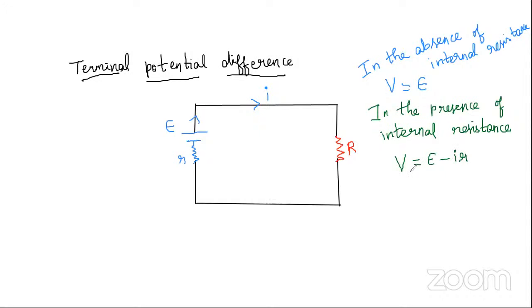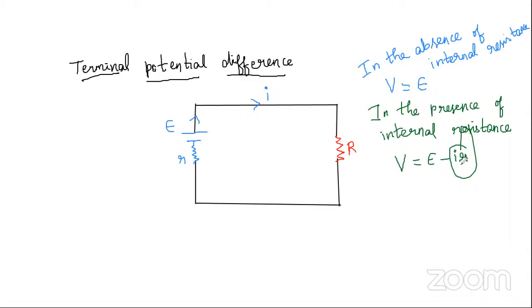That is, I into r is the potential that is lost inside the cell. Using Ohm's law we can calculate the potential difference V equal to IR. Due to the presence of the internal resistance small r, this amount of energy is lost, so V is not exactly equal to epsilon, but epsilon minus I into small r.